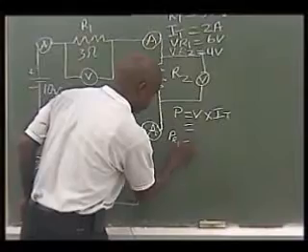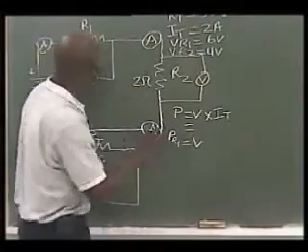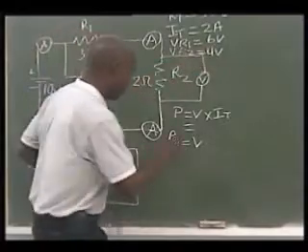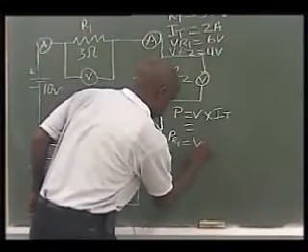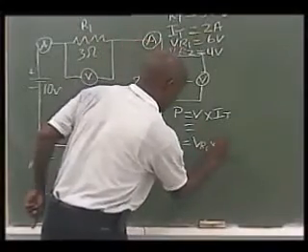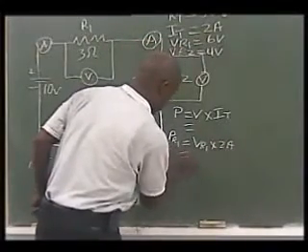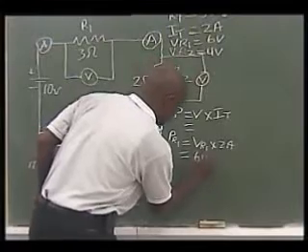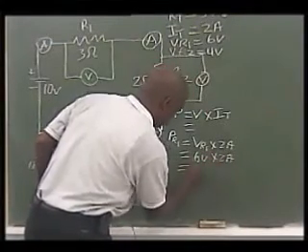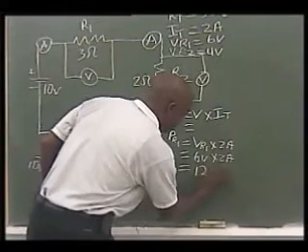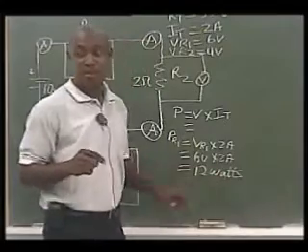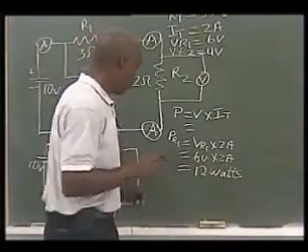PR1 is equal to the voltage that's across R1, which we found out to be 6 volts, VR1 multiplied by IT, which we found out to be 2 amps. And that gives us 6 volts times 2 amps. 6 2s are 12 watts. All right, because watts is a unit for power.